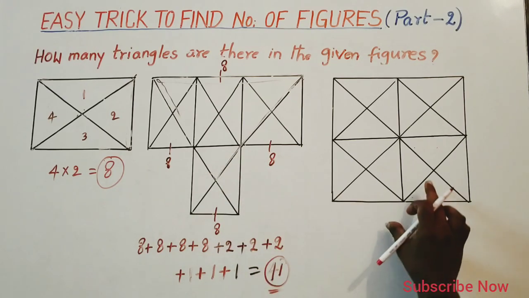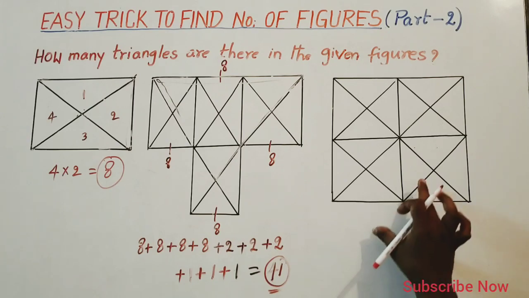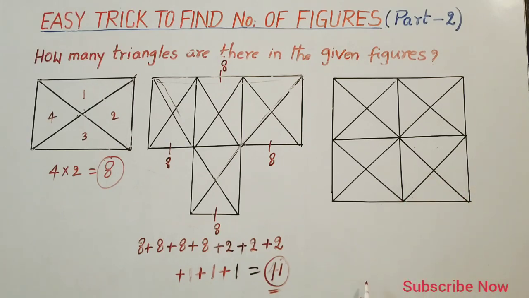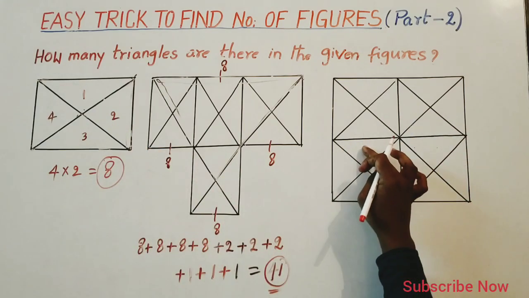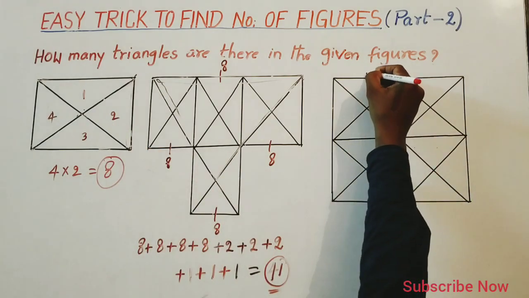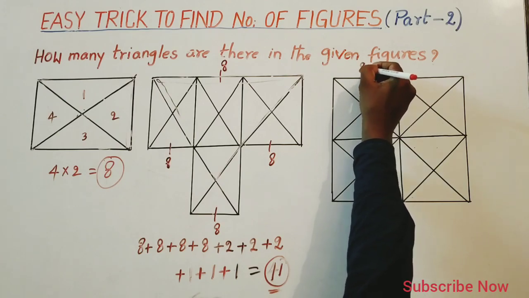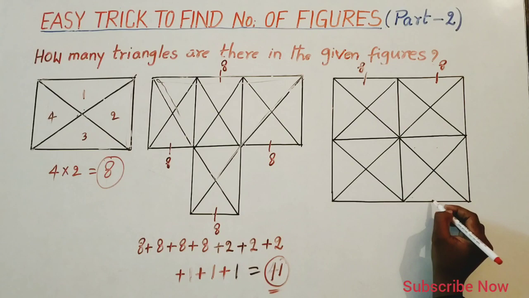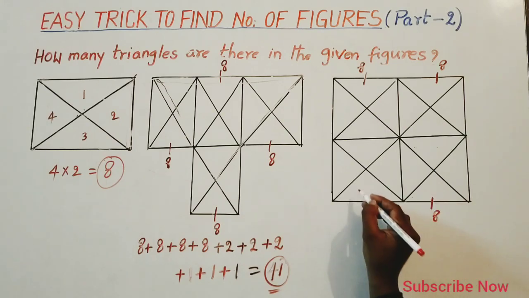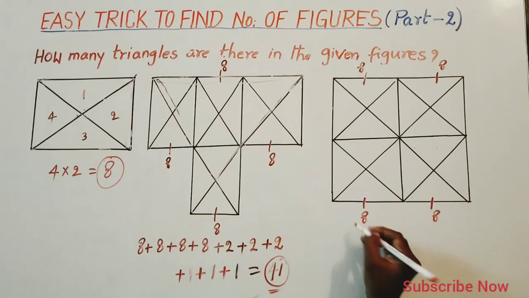Now let's see this figure. You need to find the number of triangles in this diagram, and here you can find this type of figure, 4 are there. So therefore in this part 8 triangles are there, in this part 8 triangles, in this part 8 triangles, and in this part 8 triangles.